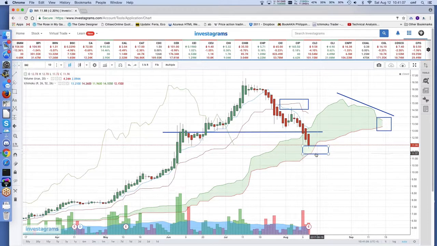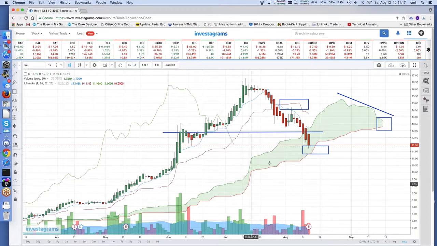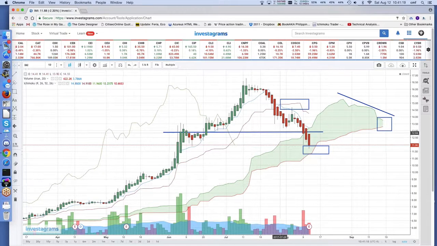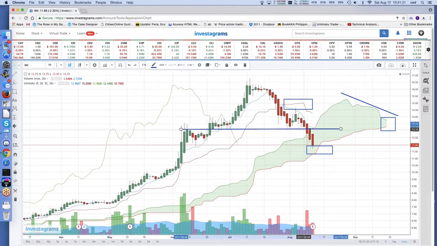So this might bounce off this point, in which case this would be your first resistance at 1294, if it does bounce off that point, because that is the head and shoulders support. Sorry, it's 1320.